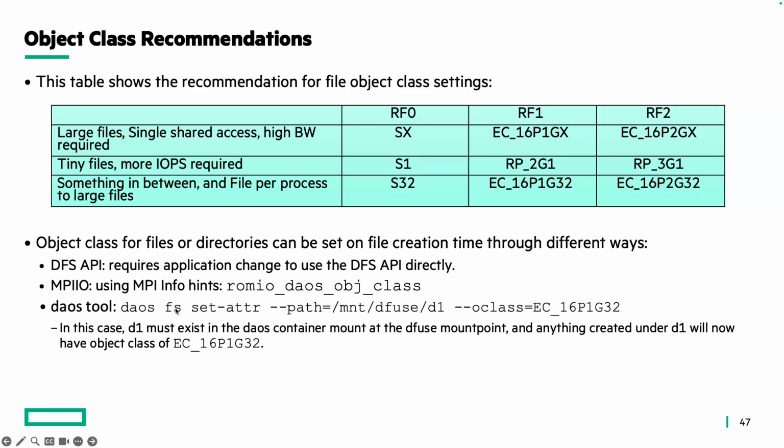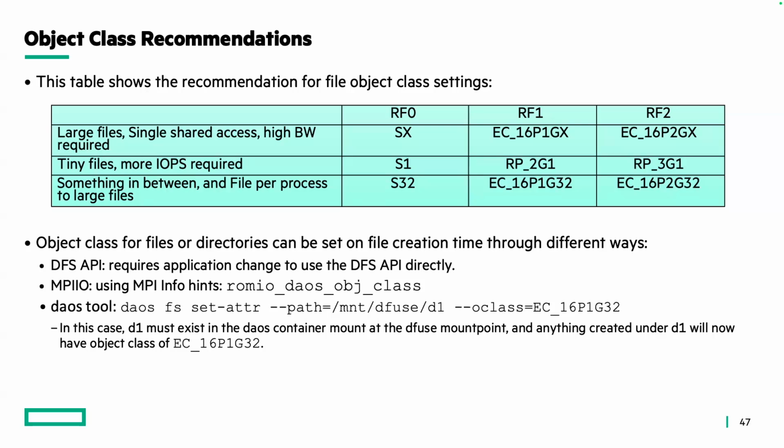So if you call this again, but you set this to G1, for example, the new files under D1 will use G1. The old files will keep the old scheme. You cannot change the layout of a file that's already created, but what you can change is the settings for new files that are created.